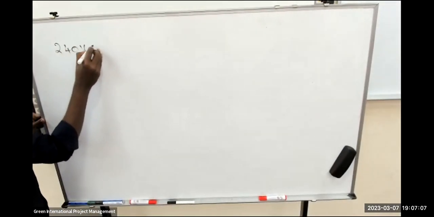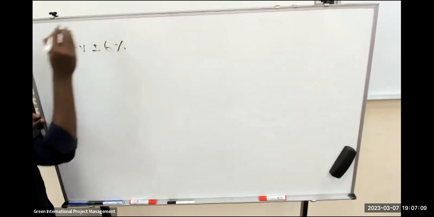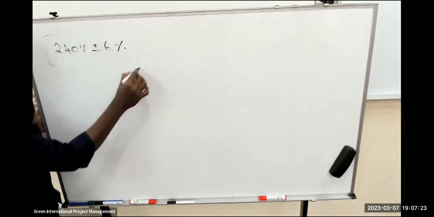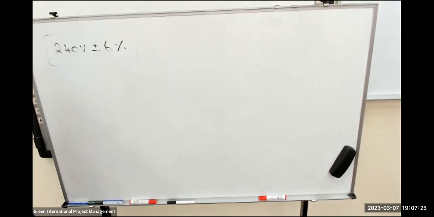In India, we have 230 volts plus or minus 5%. That's why your home country may be different. So remember this: 240 volts plus or minus 6%. This question is also asked in the exam.